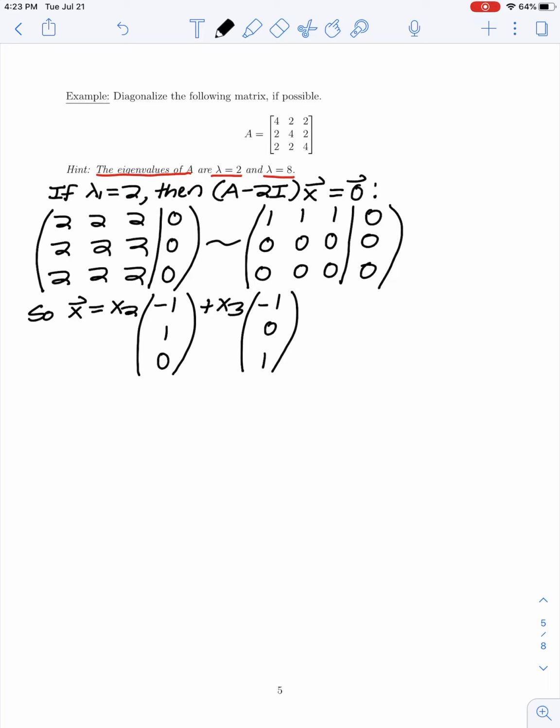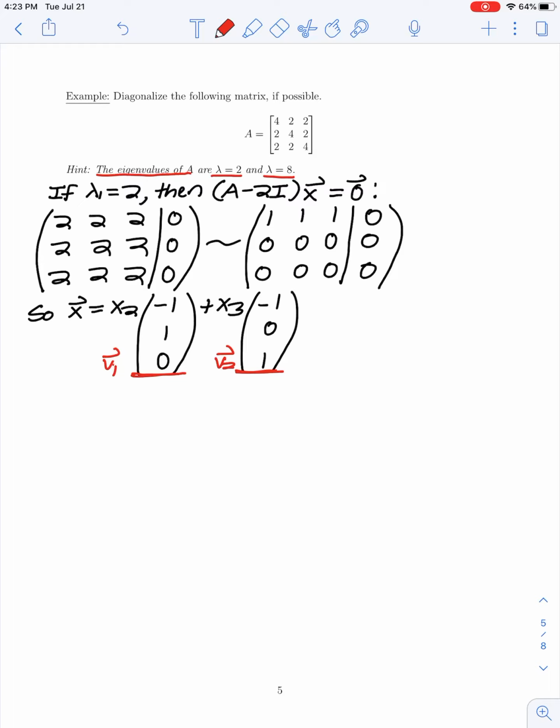I can choose any values I want for x2 and x3. Choosing either one of them as 1 and the other as 0, I would have 2 eigenvectors as these 2 vectors shown here. Let's call these v1 and v2.